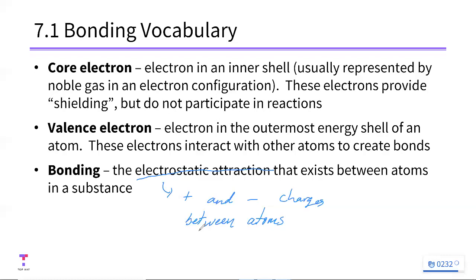That's what we're looking at here. Now, there are different types of bonds that are made, and the type of positive to negative interaction changes, but regardless of what type of bonding we look at, we're always looking at this positive to negative interaction, and that's what draws these atoms together as they make molecules, as they make compounds.